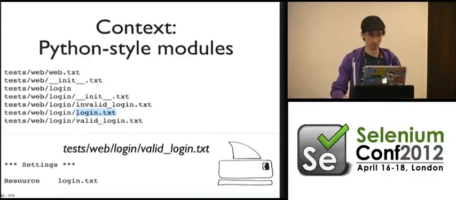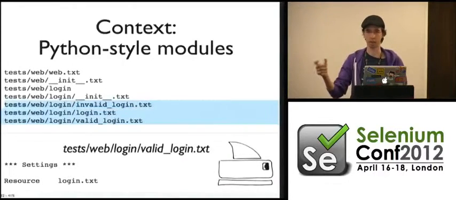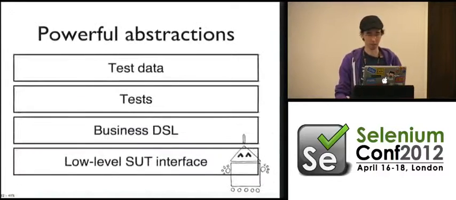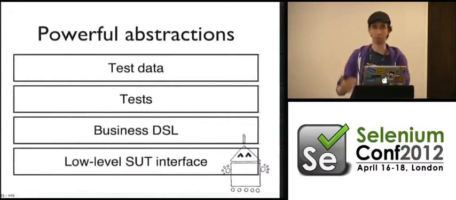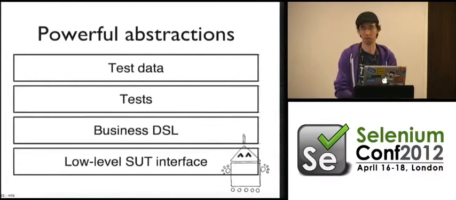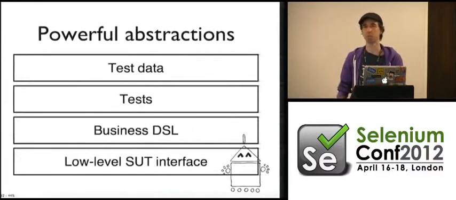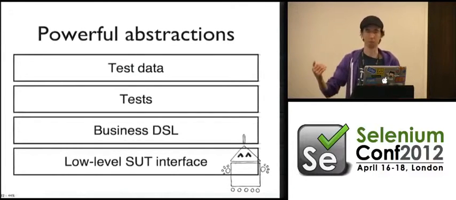I can import, the resource statement is really like an import in any language out there. So for the invalid and the valid login test suites, I have a common resource called login.txt where all the definitions I'm using are included. So this stacking of keyword definitions allows for really powerful abstractions, and not just one abstraction between your system under test and your high-level tests, but you can stack them upon one another.